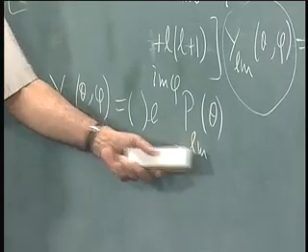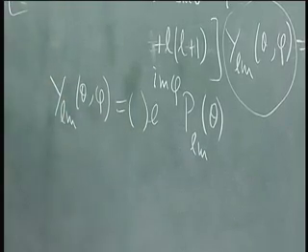This quantity here is called the associated Legendre polynomial, Legendre function of order L. There are actually 2L plus 1 of them. For each value of L, this m runs from minus L to plus L.